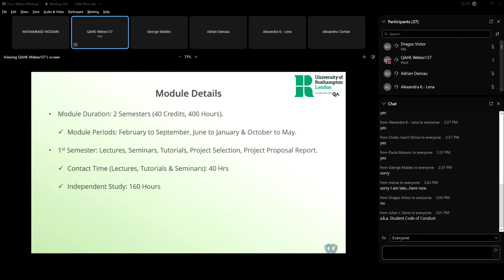We're going to have 10 weeks, 4 hours each week of contact. That makes it 40 hours. But you are also expected to contribute another 160 hours, and that's just this semester, between now and January, through independent study on your dissertation.